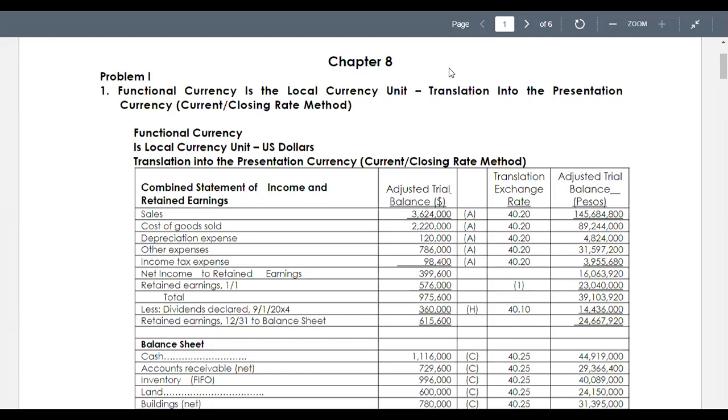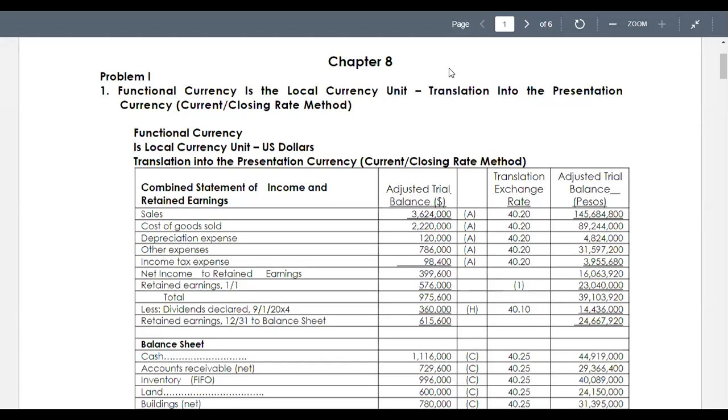Method number two is called the translation into the functional currency. So one is translation into the presentation currency, or we call the current rate method. Method two is translation into the functional currency, which we call the temporal method or the remeasurement method.